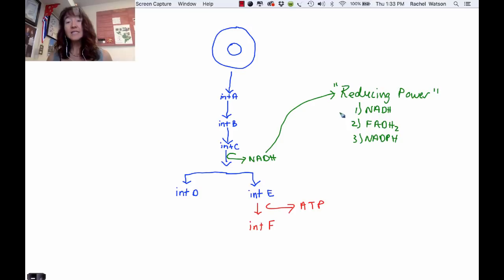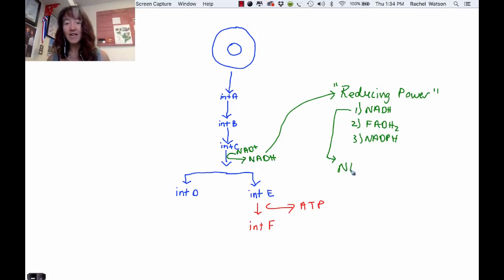But we're being lazy in that, because in fact, if we were to look at the balanced reaction by which NAD+, so the molecule that is in its oxidized form before taking on the electrons, getting reduced by intermediate C when intermediate C is oxidized, because where there's an oxidation, there's a corresponding reduction.